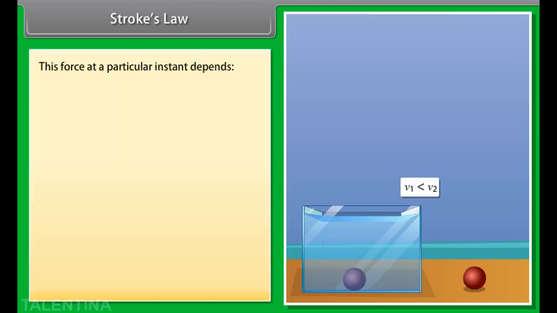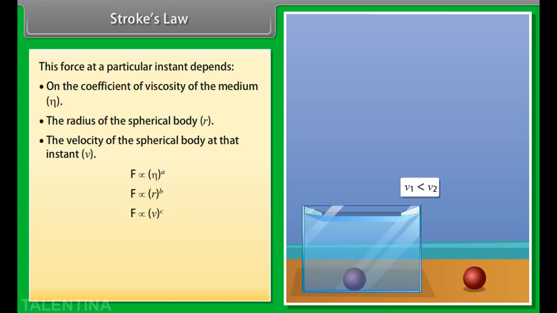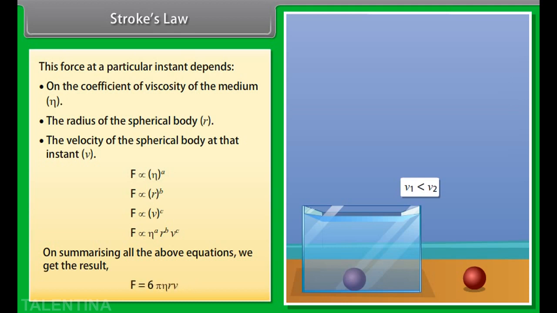This force at a particular instant depends on the coefficient of viscosity of the medium, the radius of the spherical body, and the velocity of the spherical body at that instant. Force is directly proportional to eta, radius and velocity. On summarizing all the above equations, we get the result: F equals 6 pi eta r v.